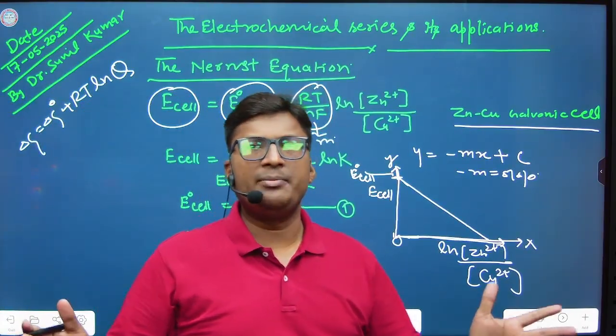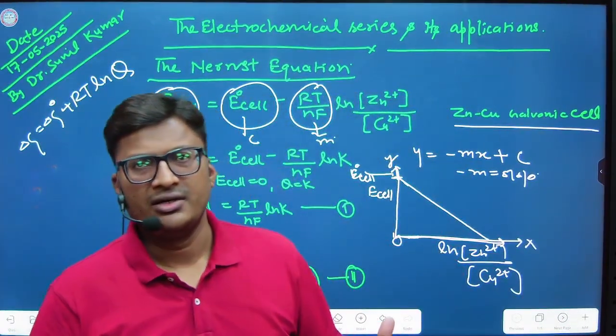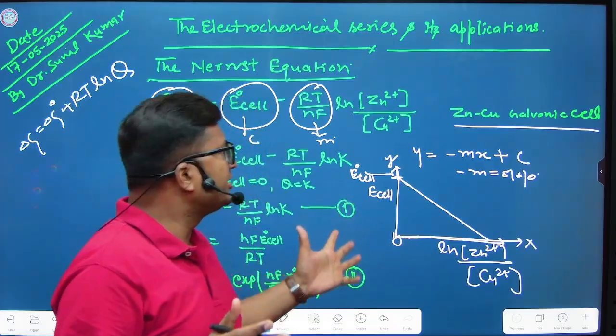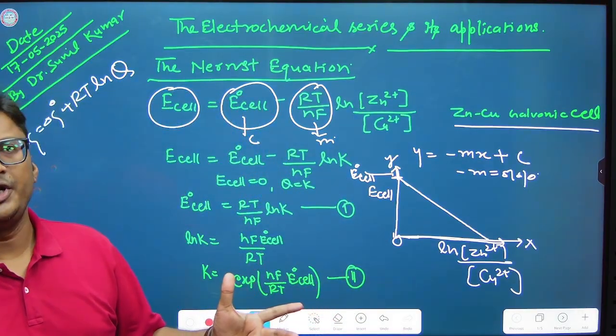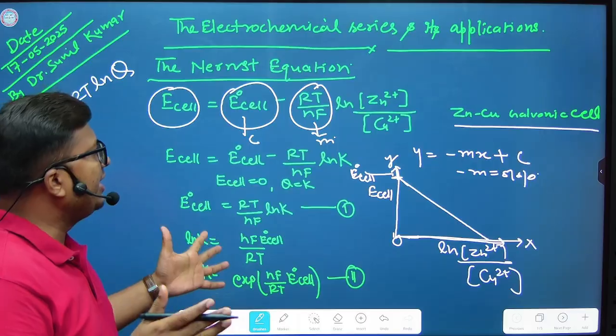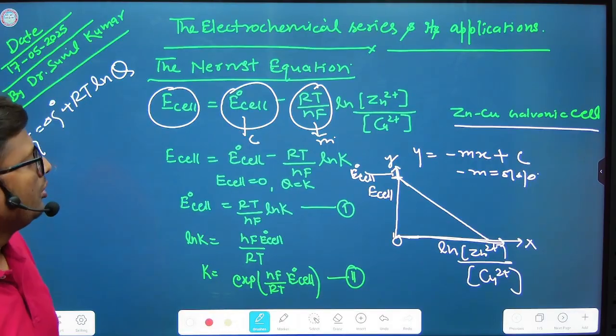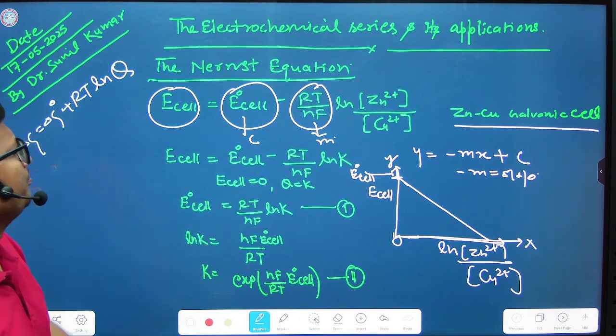Q can be transformed into the equilibrium constant once the redox reaction or cell reaction reaches an equilibrium state. It means the cell potential tends towards 0 once Q is replaced by the equilibrium constant K.